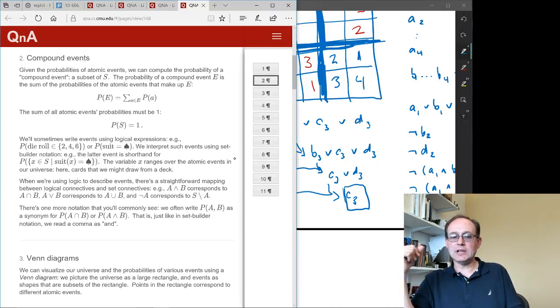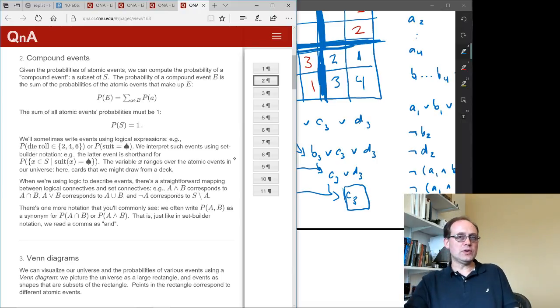So for example, a compound event might be the event that we roll an even number, and that corresponds to the set of 2, 4, and 6. Those are the even die rolls. If we say that each one of the die rolls has a probability of 1 over 6, then the probability of rolling an even number is a half, which is a sixth plus a sixth plus a sixth.